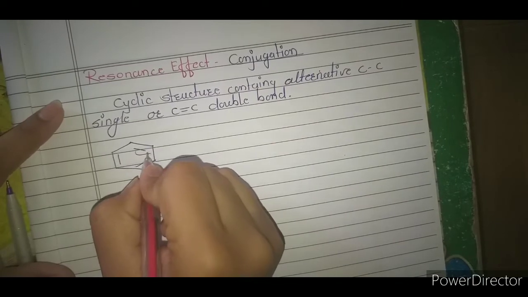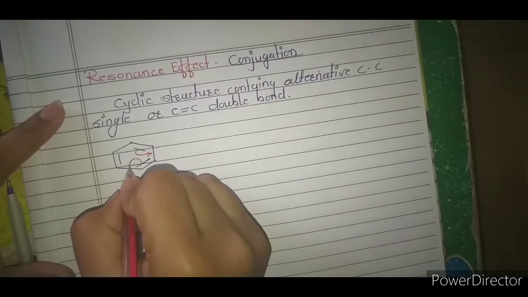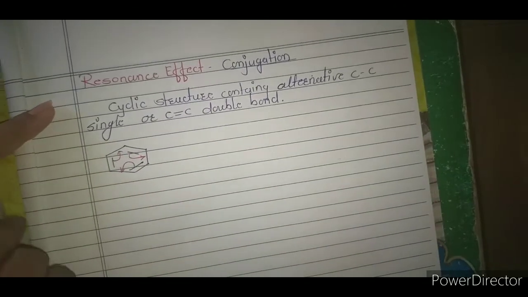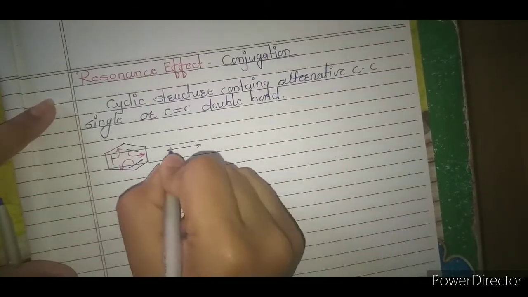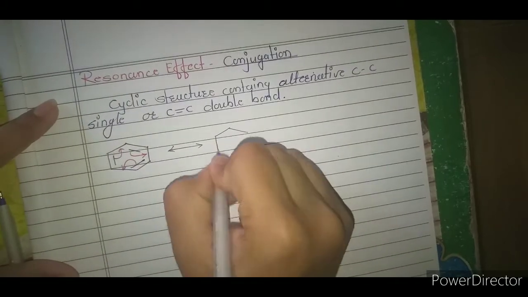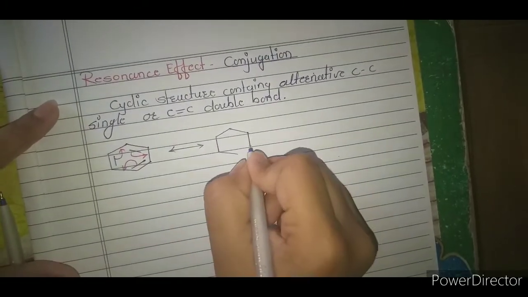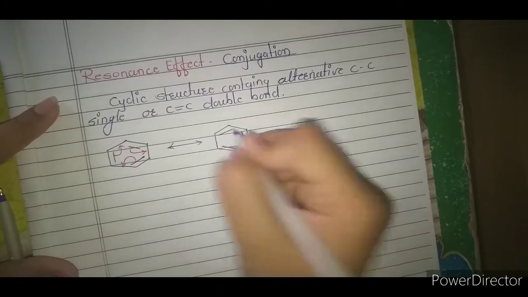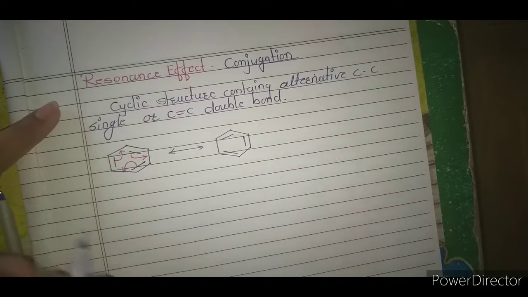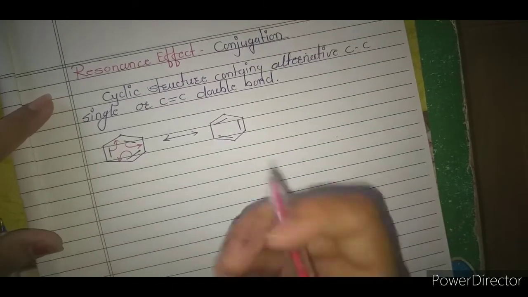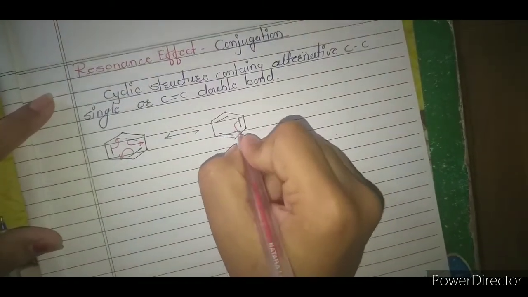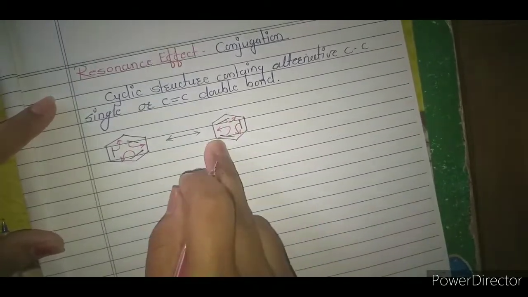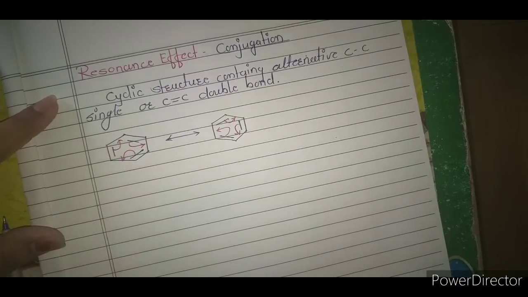This pi electron shifts here, this pi electron shifts here, and this one shifts here, and forms this benzene structure.